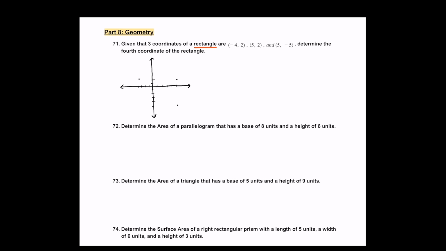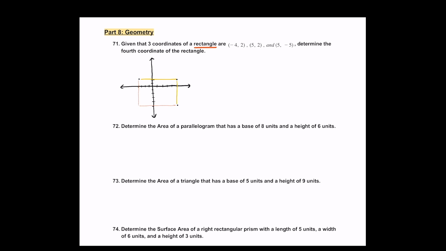So they're telling us these are the 3 points, and they're telling us where's the last point. So here is one side of the rectangle. Here's the last side. And so the question is, where's the last corner? Hopefully it makes sense that it has to go down this much and has to go across this much, right? So where is this going to be? Well, it has to be below this dot right here.